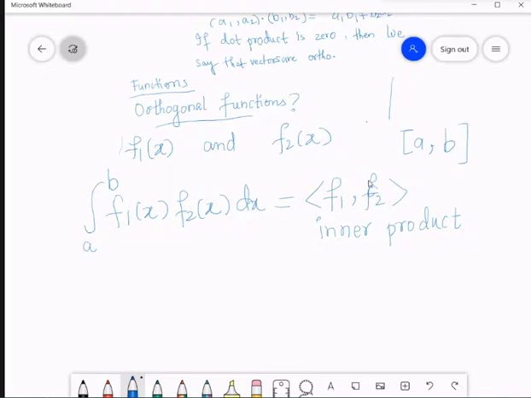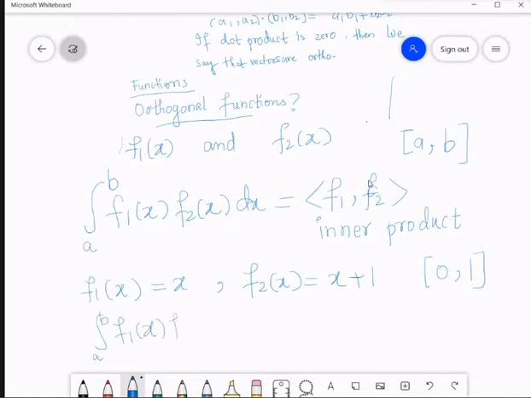Suppose I have a function f1 of x, which is x, and f2 of x is x plus 1, and both functions are defined in the interval 0 to 1. Now what will be the dot product of f1 and f2? The dot product is the integral from a to b of f1 of x times f2 of x dx.